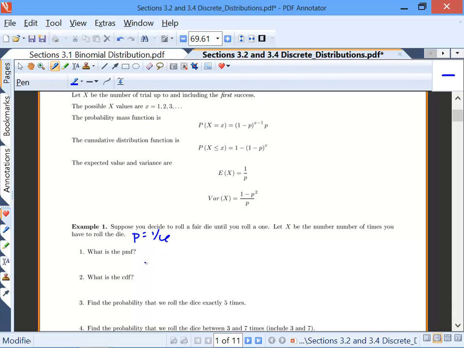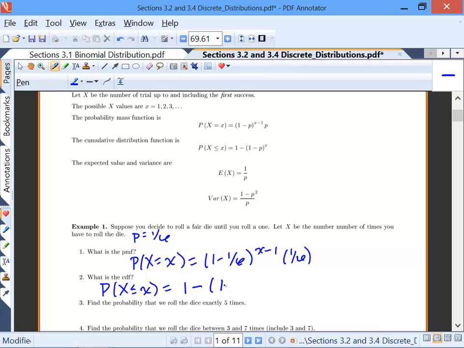So the PMF is going to be the probability that X equals a specific value x is (1 minus 1/6) to the power of x minus 1, times 1/6. So that's going to be my PMF. My CDF, the probability that X is less than or equal to x, is going to be 1 minus (1 minus 1/6) to the power of x.